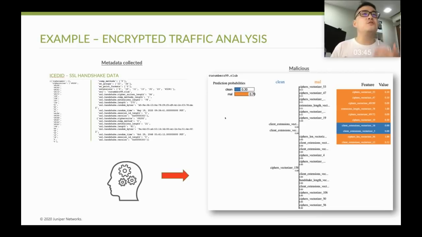Based on that, we train our AI machine learning engine so that it can intelligently detect patterns in the metadata of the traffic sent by the SRX without decrypting the traffic. The engine comes back with a verdict telling you: this is malicious, or this is benign. So this is how it works.